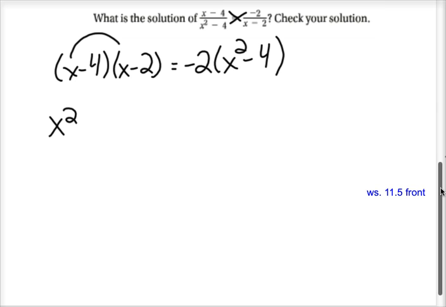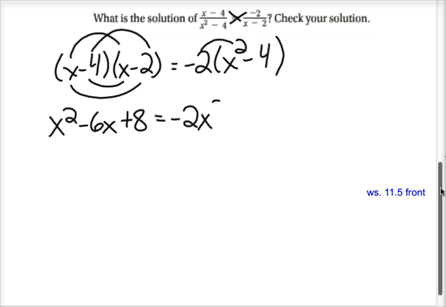We get x squared, negative 4x minus 2x is a negative 6x. Negative 4 times negative 2 is plus 8. Here we distribute, so we get negative 2x squared plus 8. And now we are left with a quadratic.